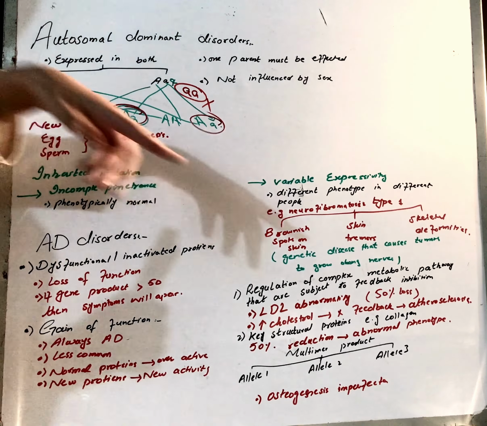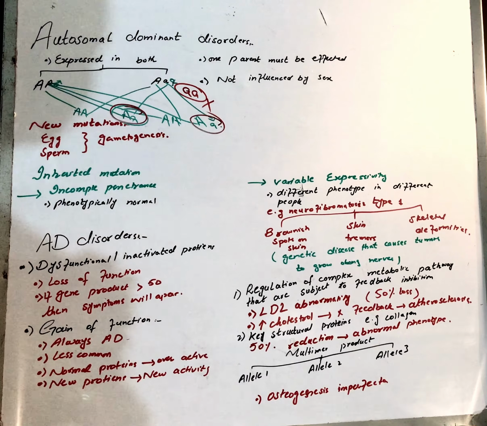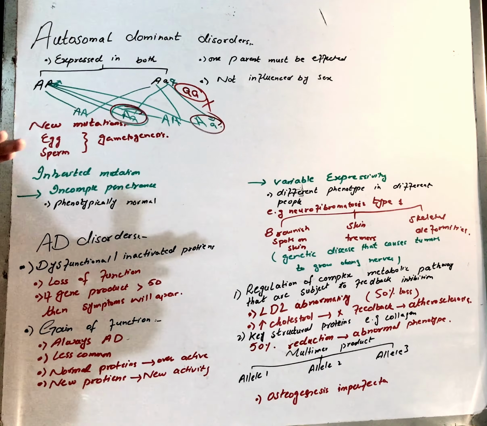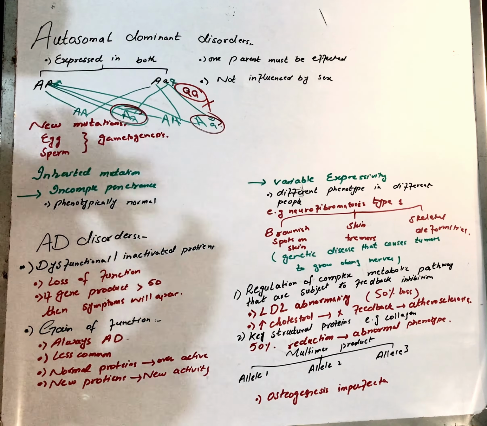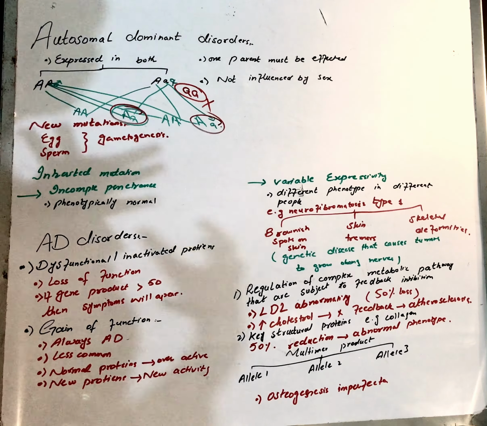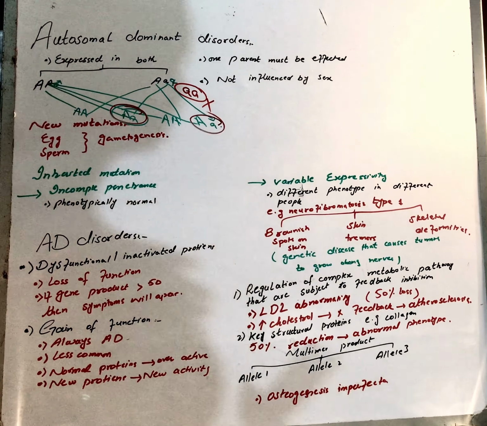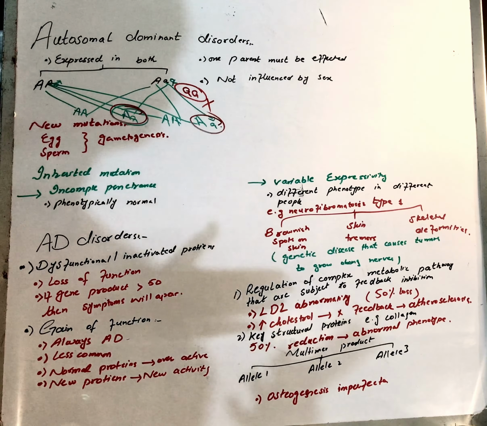And in variable expressivity, the disorder appears differently in different people. There is some mutant gene, but the phenotype is different in different people. Here the example is neurofibromatosis type 1. This is a genetic disease which can cause tumors to grow along the nerves.